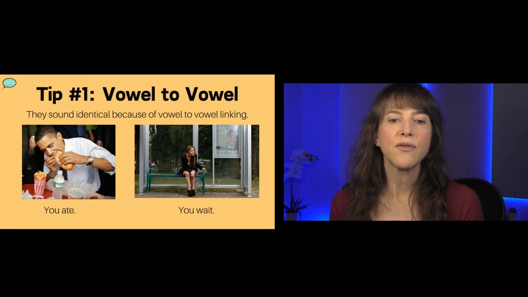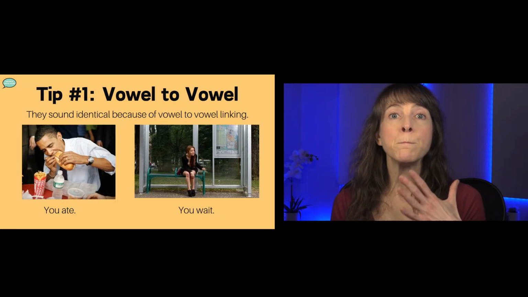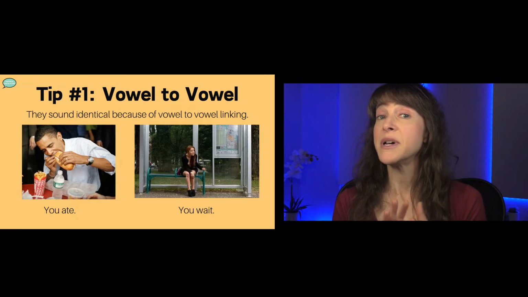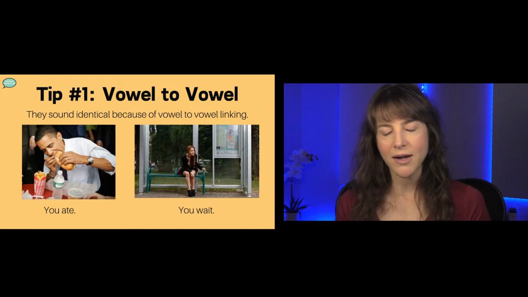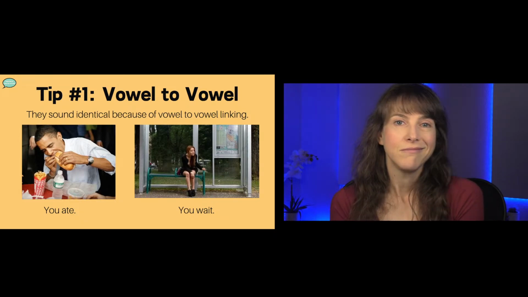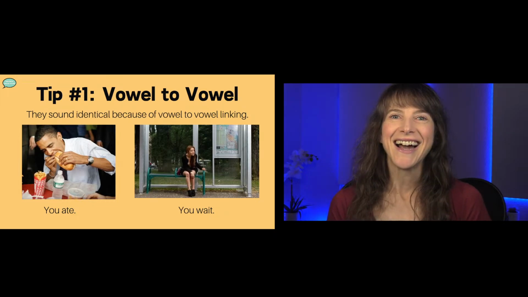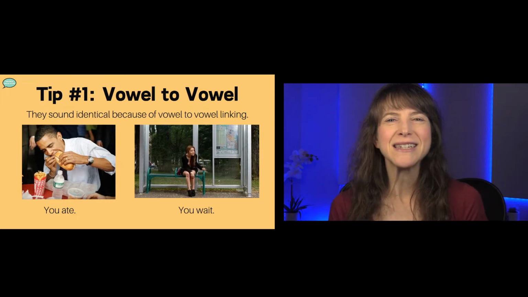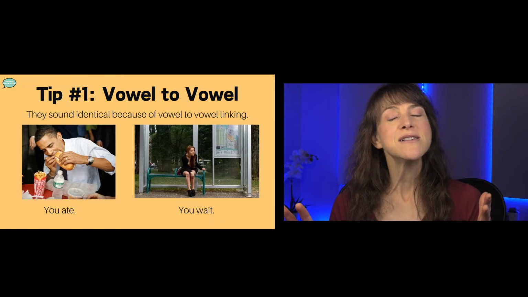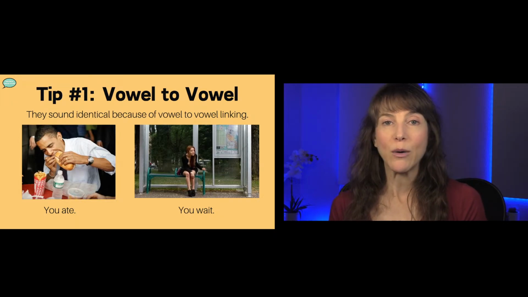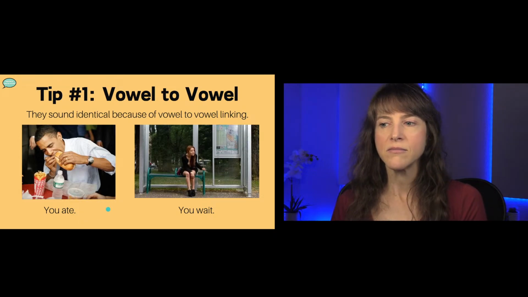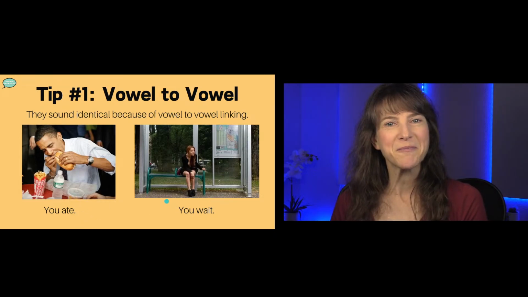But because of the context of your conversation, your listening partner will understand which one you said. But if I just looked at you with no context, no conversation, and I just said, you wait, you wouldn't know which one I said, right? But that rarely happens. Typically, you're involved in a conversation and you have context. So this is the crazy thing about vowel to vowel linking compared to other types of linking: it does create words that sound a lot alike, but that's okay.